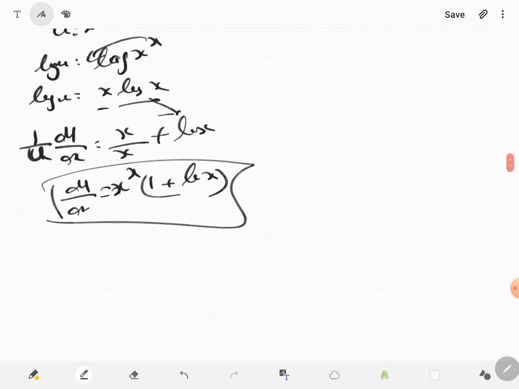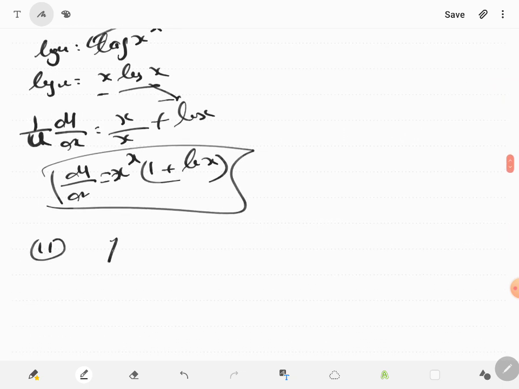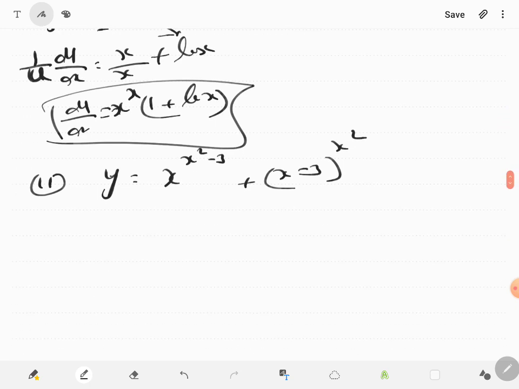11th question. y is equal to x to the power x square minus 3 plus x minus 3 the whole to the power x square. Okay, so this is the question. You cannot apply log on both sides because there's a plus here. So take this as a separate sum. So u is equal to x to the power x square minus 3.